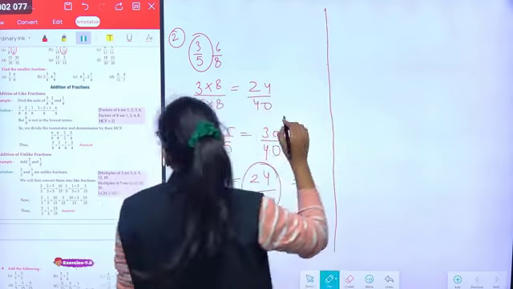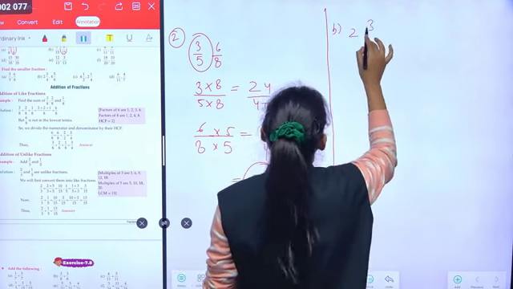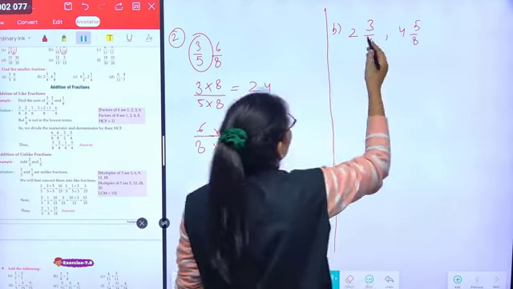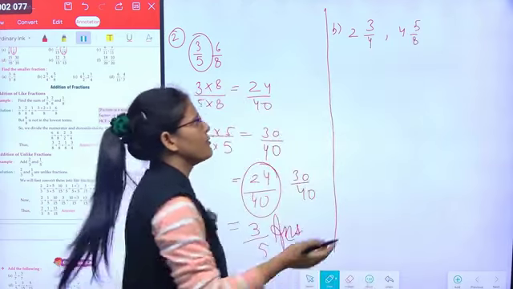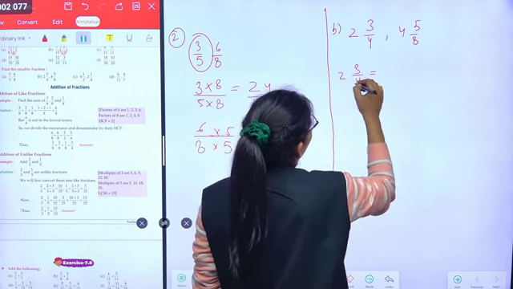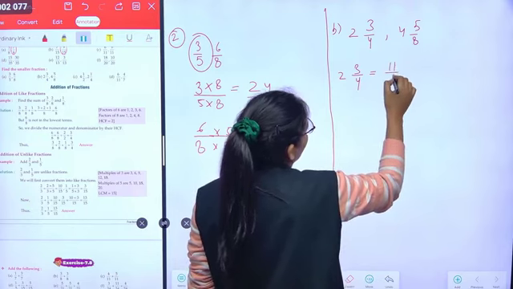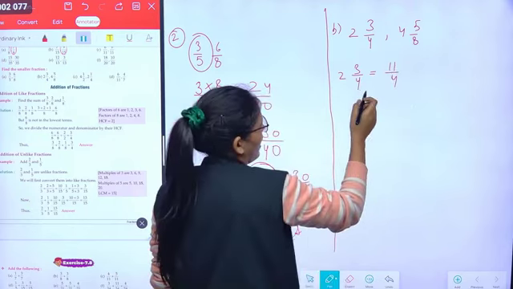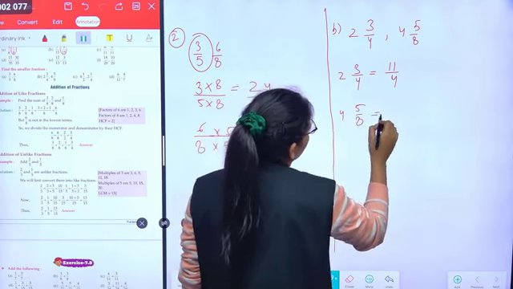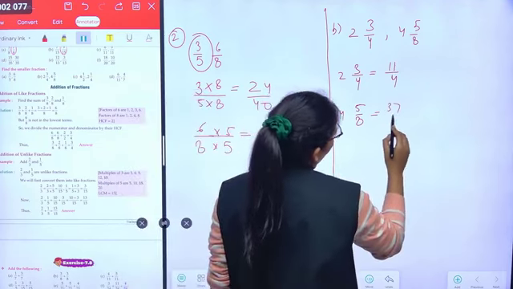Okay, now see class, part B, 2 and 3 by 4 and 4 and 5 by 8. Firstly we will convert the mixed fraction into an improper fraction, class. 2 and 3 upon 4, so 4 2s are 8, 8 plus 3, 11 upon 4. Now again 4 and 5 upon 8, 8 4s are 32, 32 plus 5, 37 upon 8.